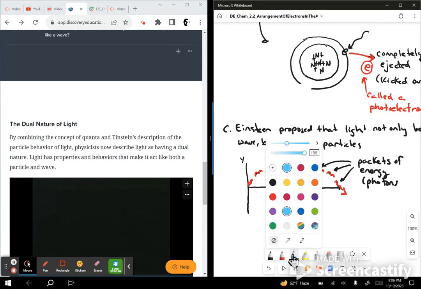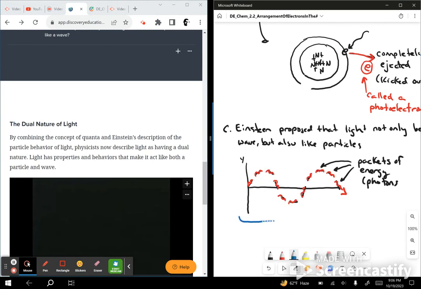Let's go ahead and pick a little darker color here. The dual nature of light: it behaves as particles and it behaves as waves. Okay. This is what we call the dual nature.